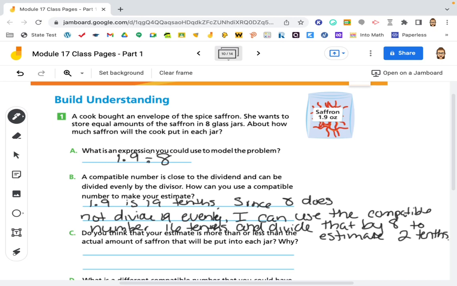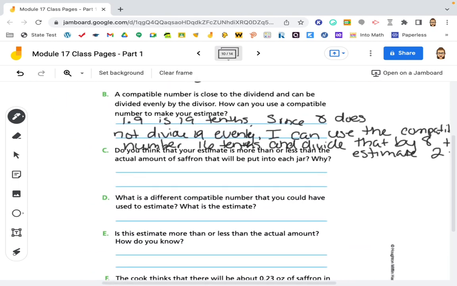It says, do you think your estimate is more than or less than the actual amount of the saffron that will be put into the jar? Well, I'm going to say less because 16/10 is less than 19/10.